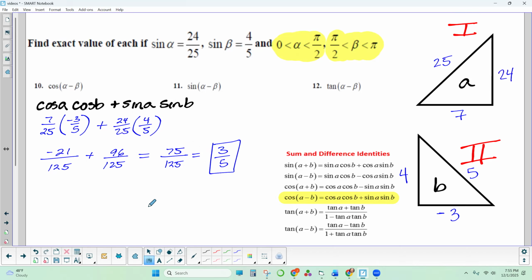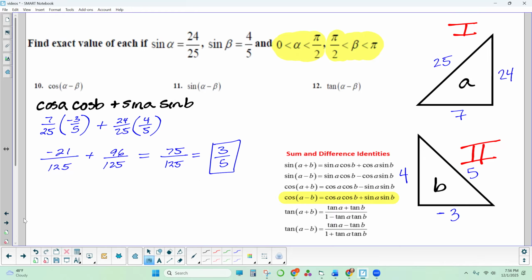And we are done. And so that's what we're doing here. We're evaluating, not given the angle directly. So by these clues and using the proper identity, that's how we are finding the trig value.